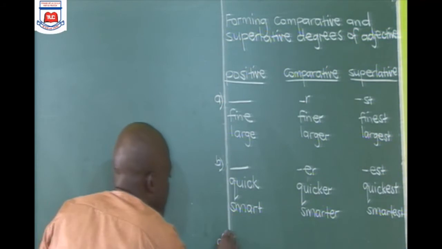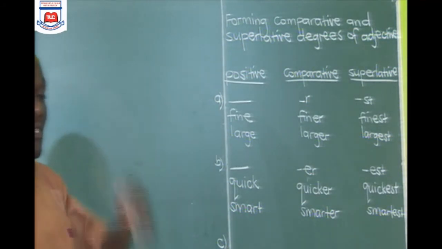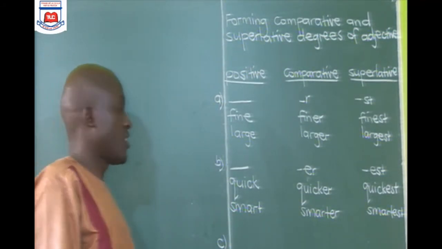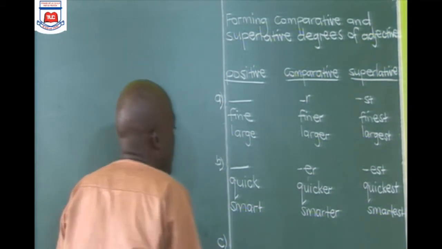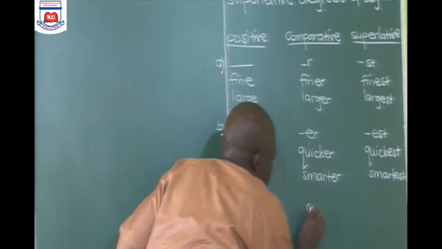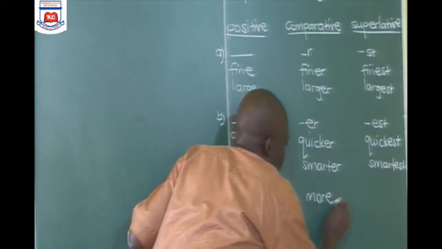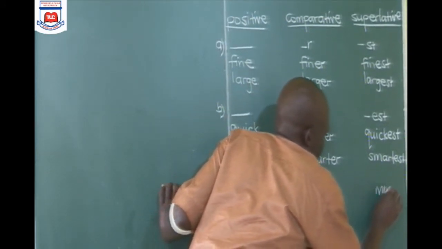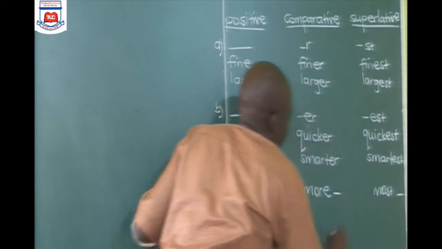Class C: we have those adjectives that have long syllables. In their comparative, they take "more," and in the superlative "most." So let's have a few.